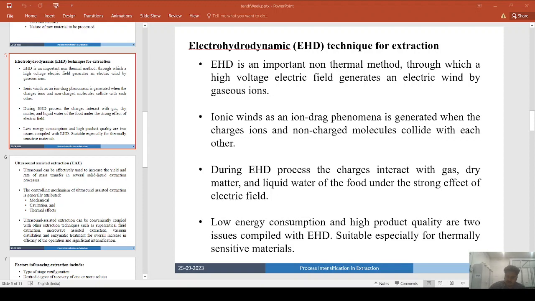So this demonstrates the use of electrohydrodynamic assisted extraction, specifically for the extraction of cellulose from the bagasse of sugarcane plants after all of the sucrose and sugars have been removed.